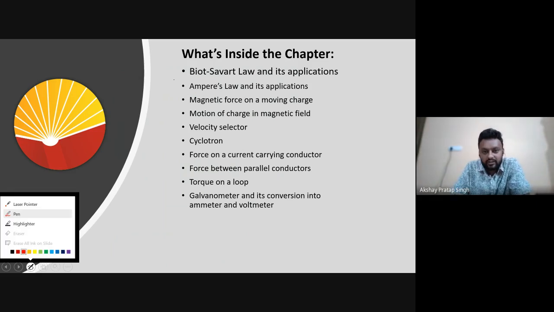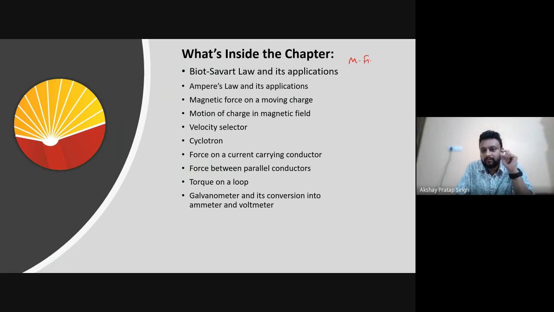we will discuss mostly about magnetic field. Broadly, I will say, we will discuss magnetic field and magnetic force. These are the two things that we are going to discuss. So, the broad list is on your screen.